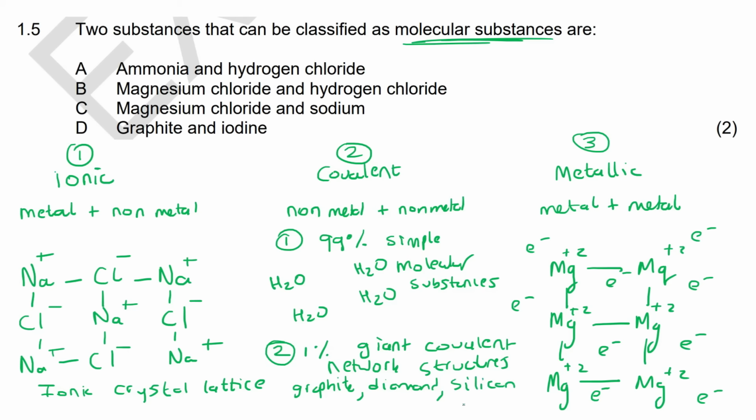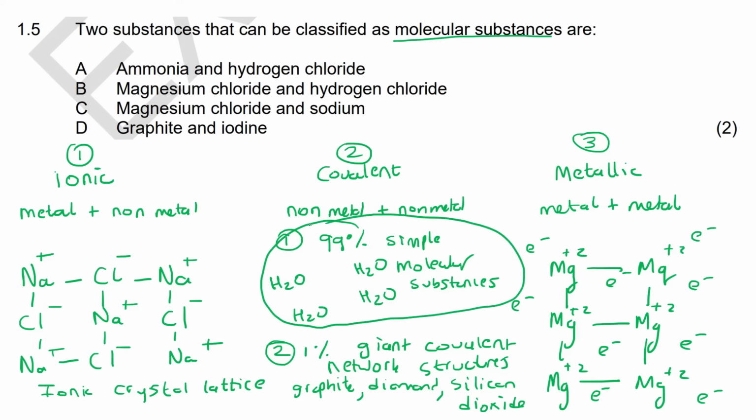These are some common examples that we use in high school. Okay, so they are looking for two substances that can be classified as molecular. So that means they are looking for this category over here. So definitely it has to be two nonmetals, because if it's got a metal, then it's either ionic or metallic.